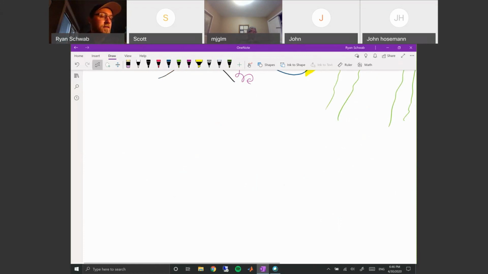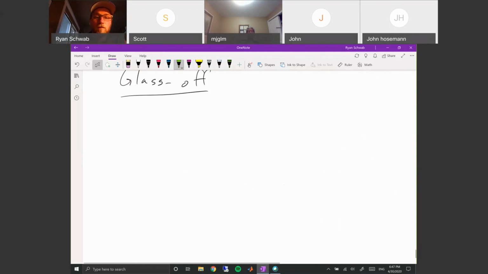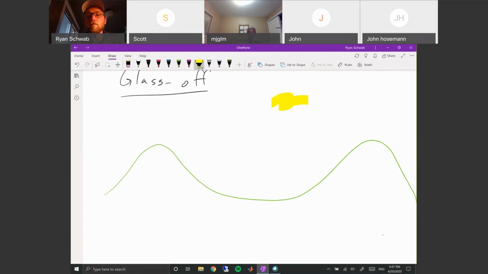Cool. And yeah, so my final form of lift that I want to talk about is called glass off. Basic idea on glass off is if you have a valley, usually on a higher pressure day, as the sun's moving through the air, it's heating up the valley floor.